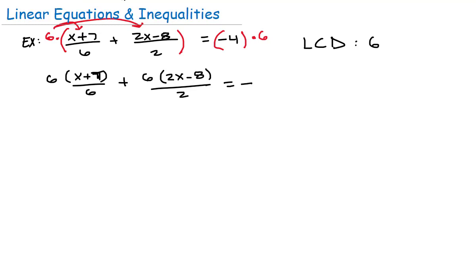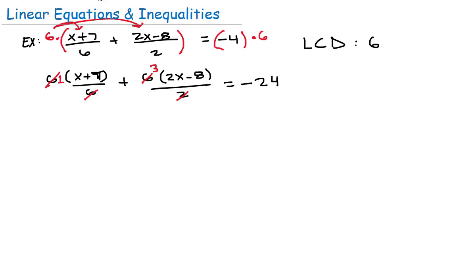So this over here is negative 24, and so now I can go ahead and cross some things off. 6 divided by 6 is 1. 6 divided by 2 is 3. So I don't really have to put the 1 here. I could just leave that off, but if you want, there's an invisible 1 right there. But I definitely have to put the 3 because it's a number that's going to change this 2x minus 8.